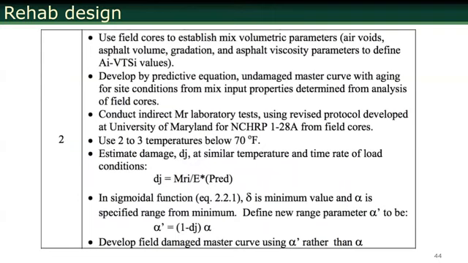Another issue is we use field cores to estimate the mixture volumetrics, like air voids, asphalt volume, gradation, viscosity parameters to define A and VTS values for the existing pavement. So we also use predictive equations for the undamaged master curve based on this.